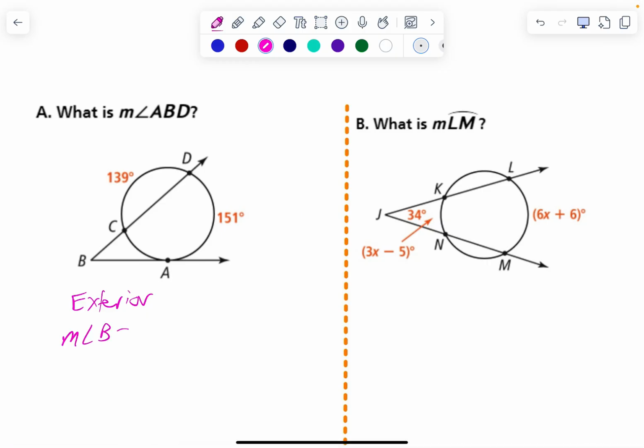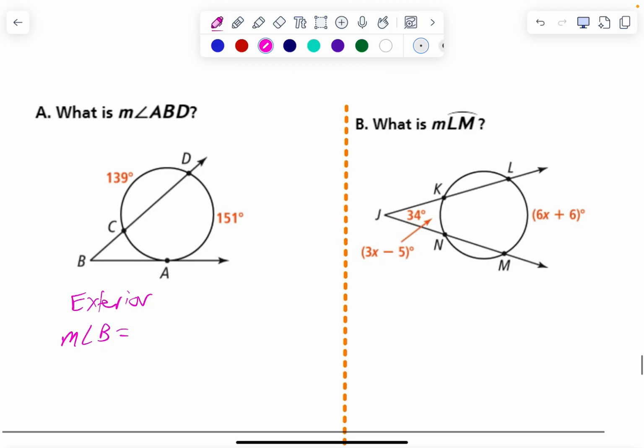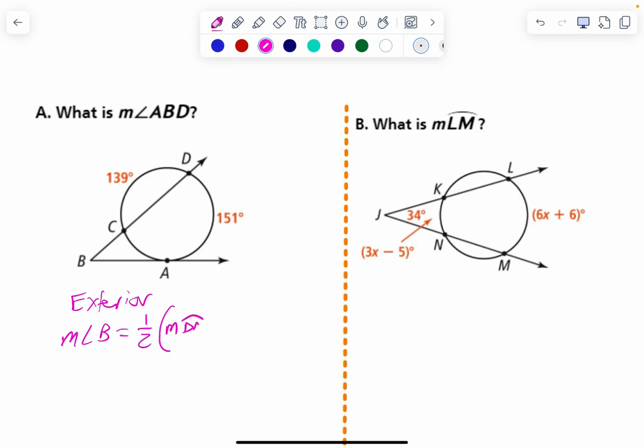Measure of angle B equals what? Yep, which is DA minus CA, measure of arc CA. Well, no, we're not given CA. How do we find it?